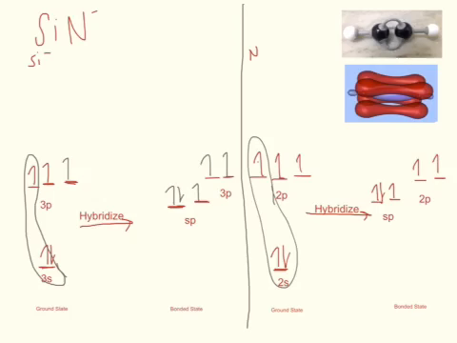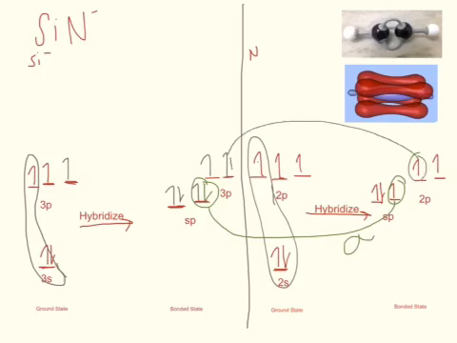These electrons are going to bond together to form the sigma bond, and then these are going to bond together to form the pi bonds. It's a little messy, but once we do out the contour diagram, you're going to be able to see where everything came from. That's our next step.